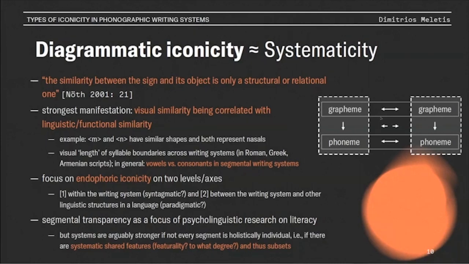Of course, the focus has been for a very long time on segmental transparency, and transparency having been a buzzword in psycholinguistics for decades now. But I think it's very interesting and important to look at the relations between these segmental relations, so relations of relations, because that's where we can find these systematic subsets.